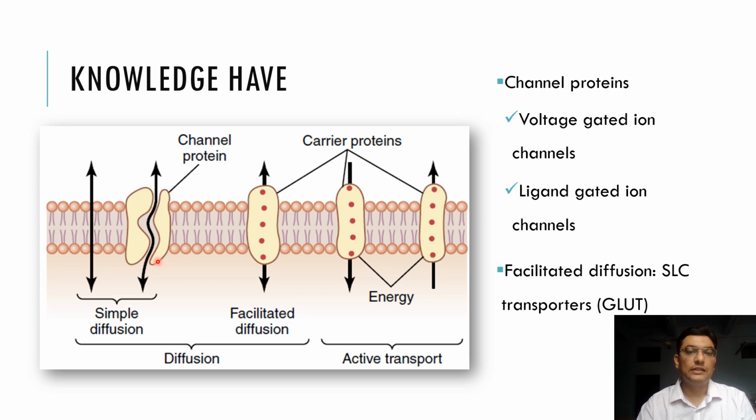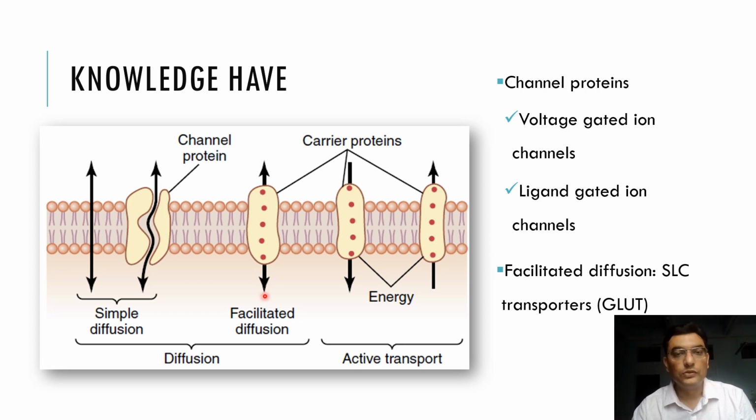And there are some carrier proteins. The molecules or ions bind with these carrier proteins, which leads to conformational changes, and due to these conformational changes there is movement of molecules or ions from inside to outside or from outside to inside.